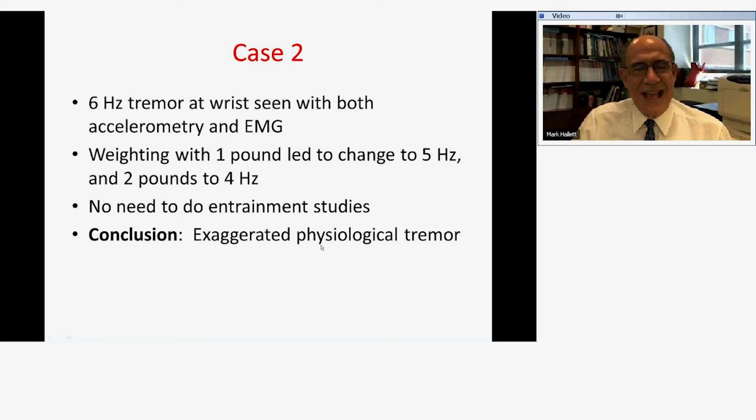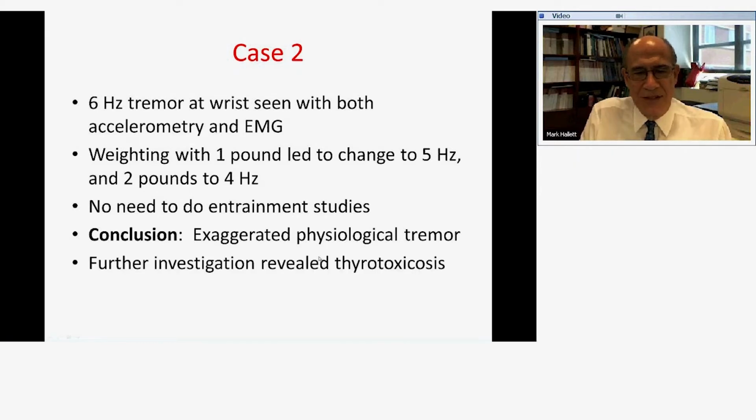And of course, anxiety is another possible explanation in some individuals. But further investigation in this particular individual showed that he had a mild thyrotoxicosis as the explanation for his disorder. So we were able to help him along in this situation. He, at least at this point, doesn't have the family disease, but we found something that's also medically relevant for him and is certainly helpful.